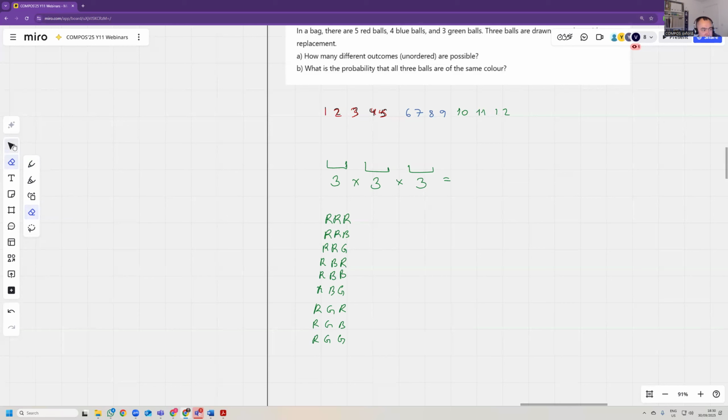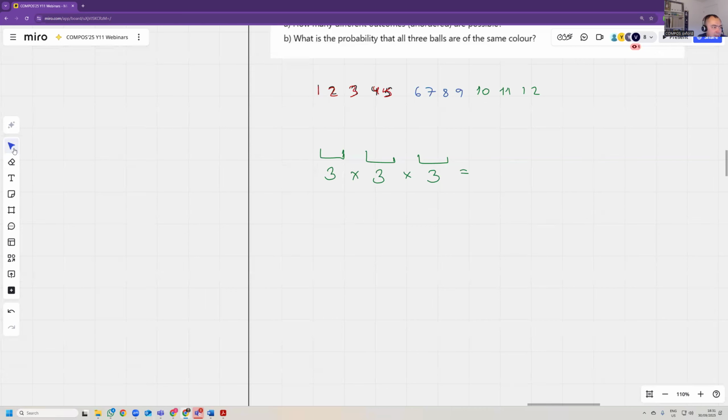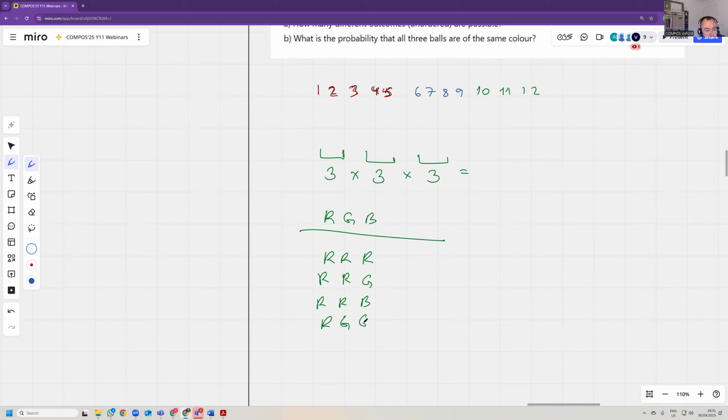I think it's just easier to list them. So the possibilities are red, red, red; red, red, green; red, red, blue; red, green, green; red, green, blue; and red, blue, blue.